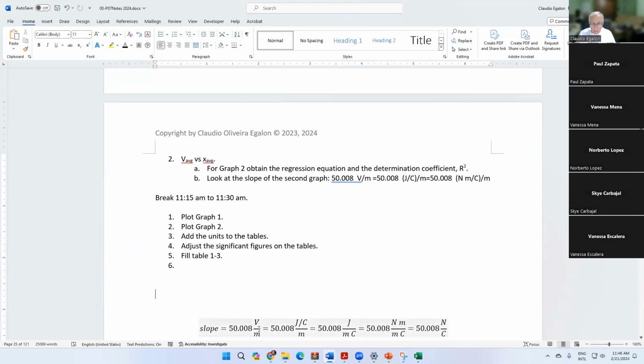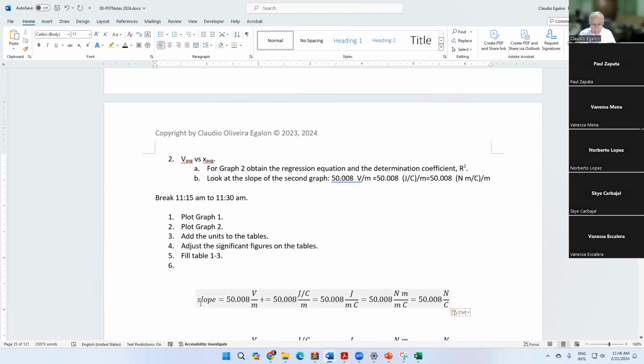Okay, so the slope is 50 times x, plus let me copy and paste. Here you go, like that. V average, right? V average is 50.